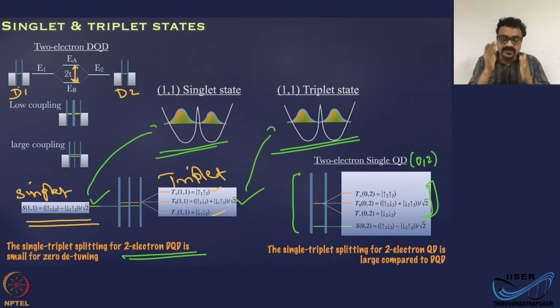But of course, the Pauli exclusion principle applies in either case. The singlet triplet spacing for a single quantum dot, say the 0-2 configuration, is very high because the singlet and triplet states are different orbital states for that dot. This we need to remember to understand the discussion that we are going to make further.